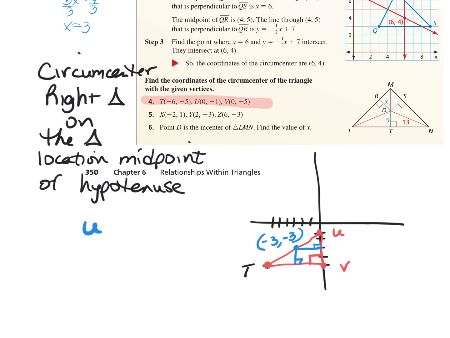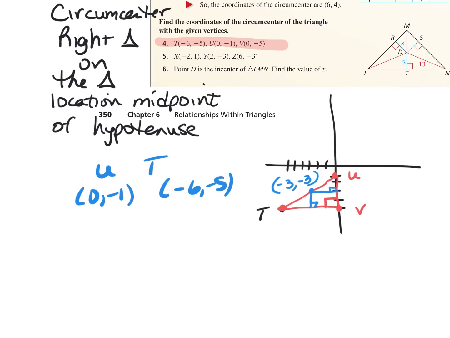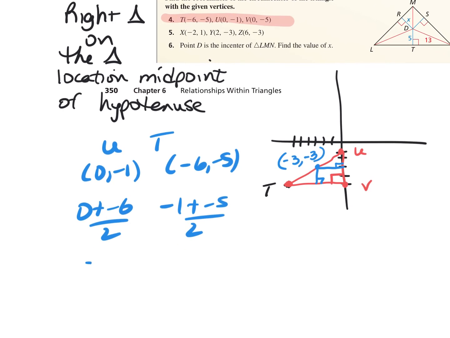I'm going to use points U and T, and my point for U is 0, -1. T is -6, -5. I'm going to calculate that midpoint. 0 plus -6 divided by 2, -1 plus -5 divided by 2, -6 divided by 2, -6 divided by 2, and that gives me -3, -3.